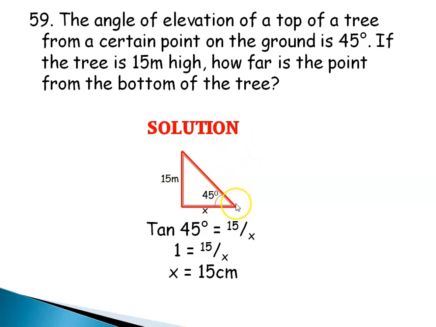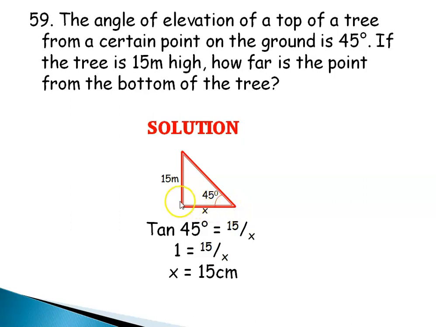If the person is looking at it at this point, this is the top of the tree. So this is the angle of elevation, the angle at which you look up. This is 45 degrees. And then the tree, this is the bottom of the tree and this is the top of the tree. So this gives us the height of the tree, 15 meters. How far is the point from which you're looking to the bottom of the tree?